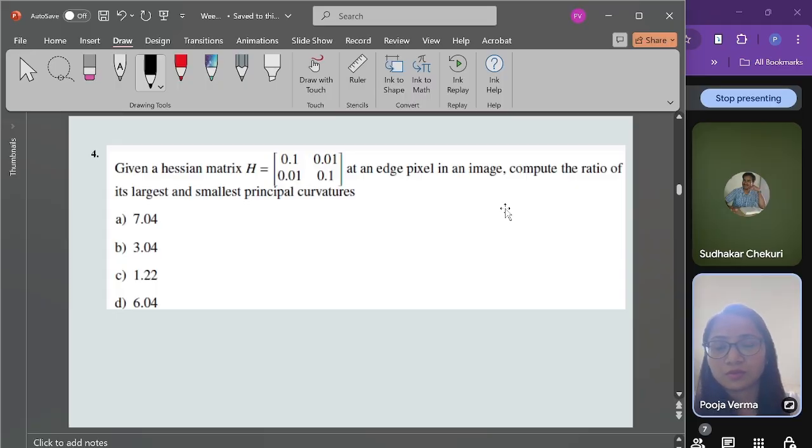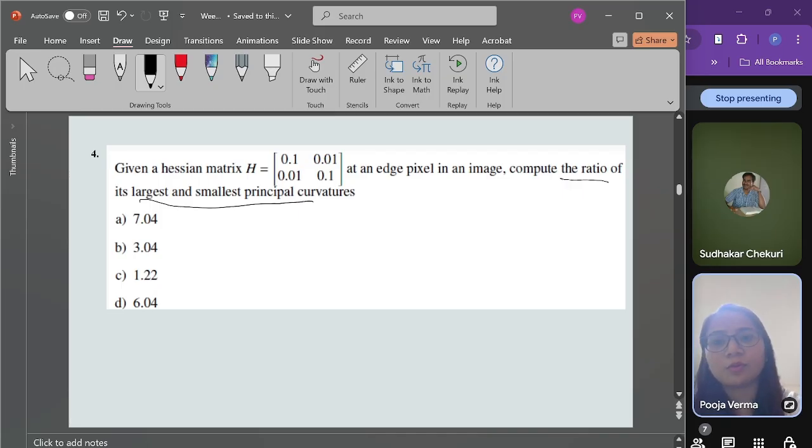Okay, so the next question is: given a Hessian matrix H that is 0.1, 0.01, 0.01 and 0.1 at an edge pixel in an image, compute the ratio of its largest and smallest principal curvature. So here we have to calculate the ratio of largest and smallest principal curvature, and the Hessian matrix is given.